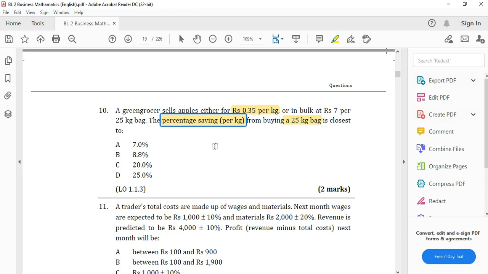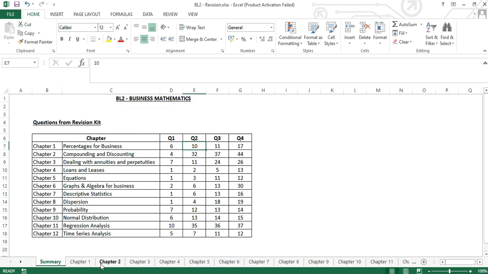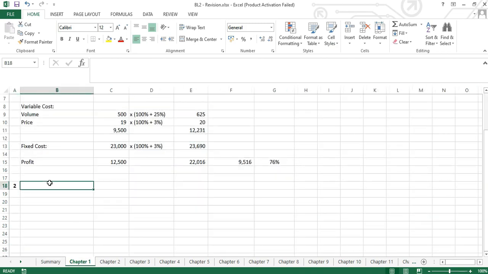So what you need to find is basically you need to compare this unit price with the bulk unit price. So first step would be identifying a bulk unit price per kg.